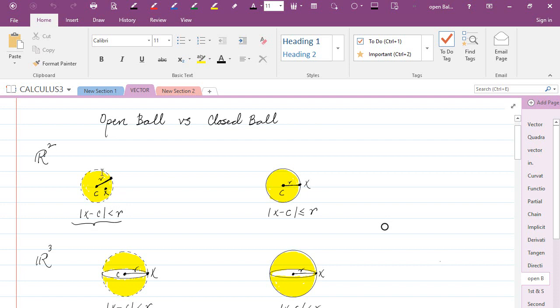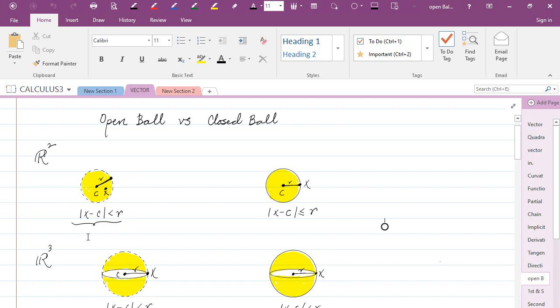each point on this disk satisfies this inequality, that is, the length of x minus c is less than r, because the length of x minus c is the distance between x and c. So the distance between x and c must be less than r.